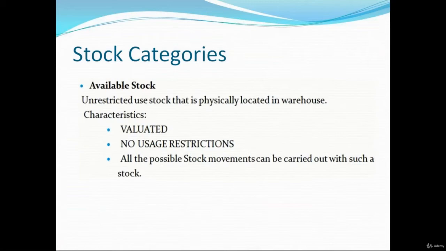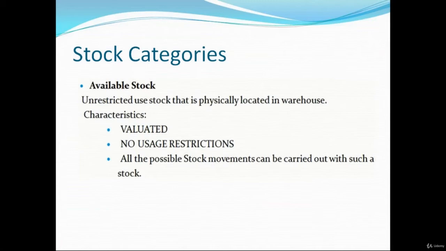There won't be any usage restriction. This means that the material in this type of stock category is available for any movements. If any material is present in the unrestricted category, it is free to pick, free to put away, and free to move within the storage bins and storage types, across the bins also.